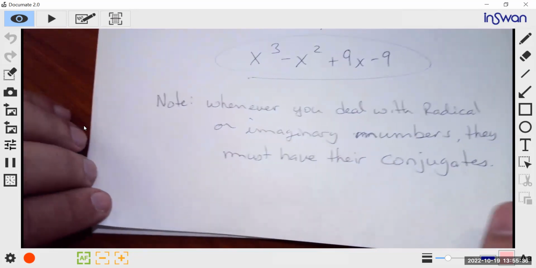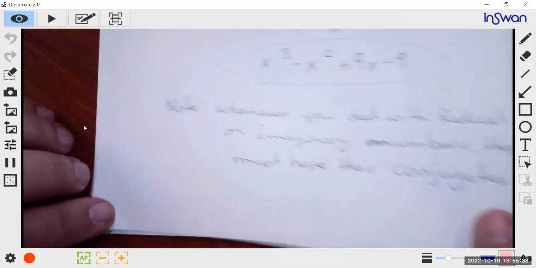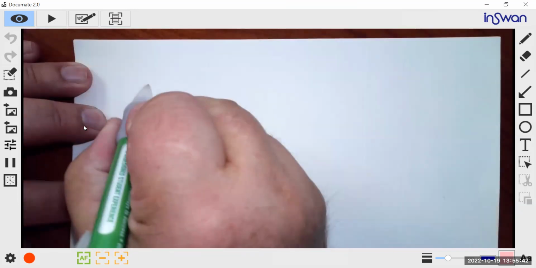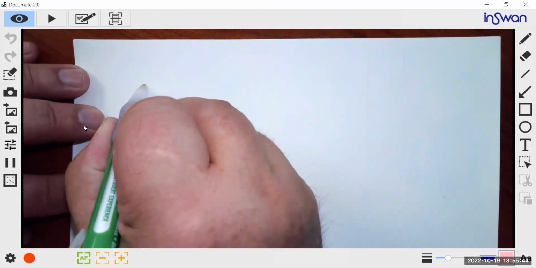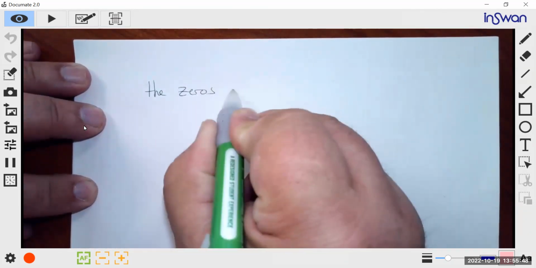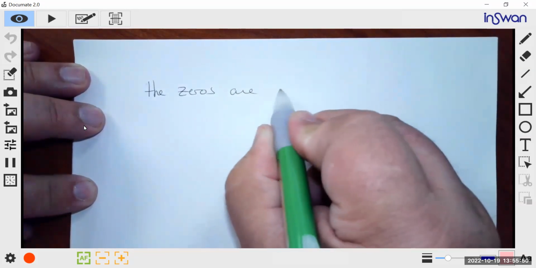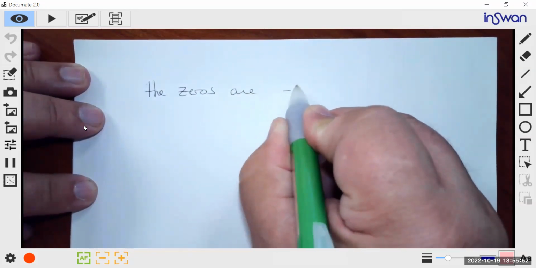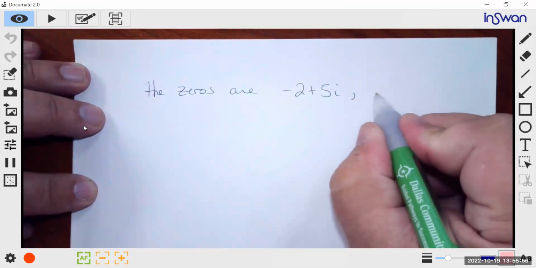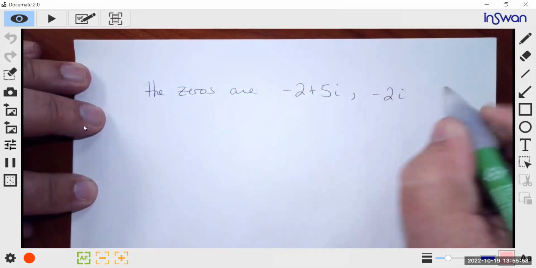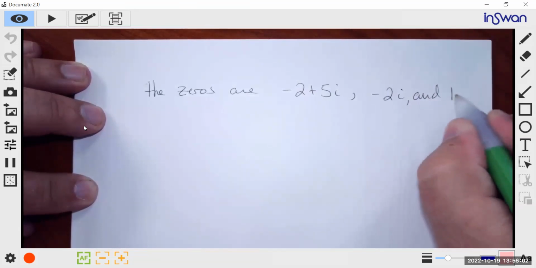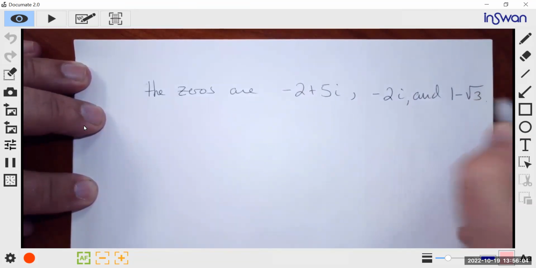For example, the zeros are -2 plus 5i, -2i, and 1 minus radical 3.